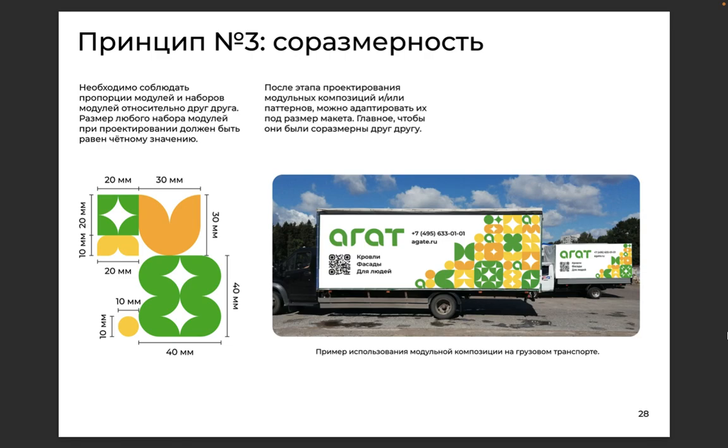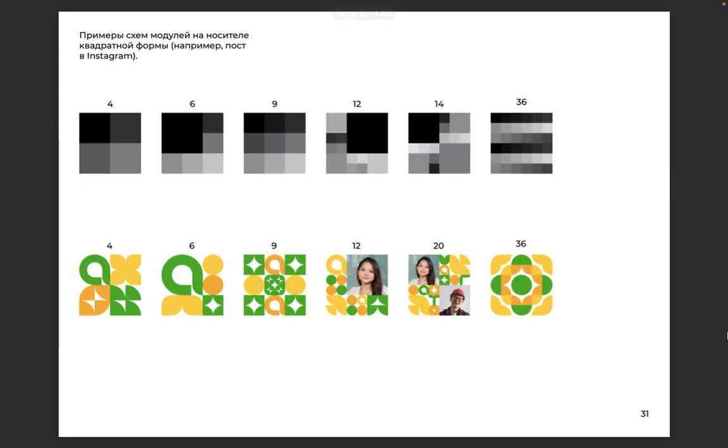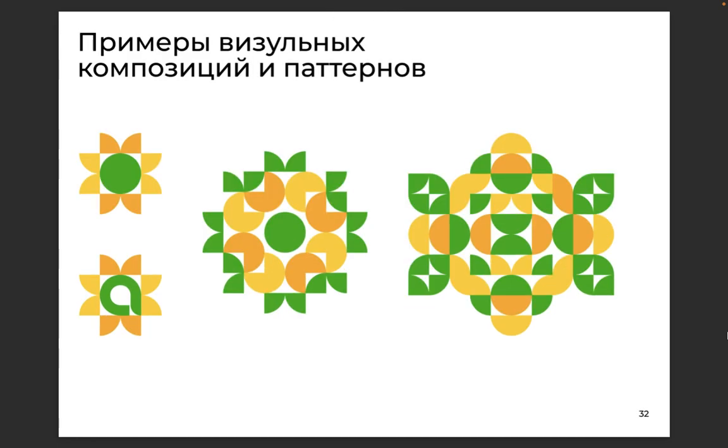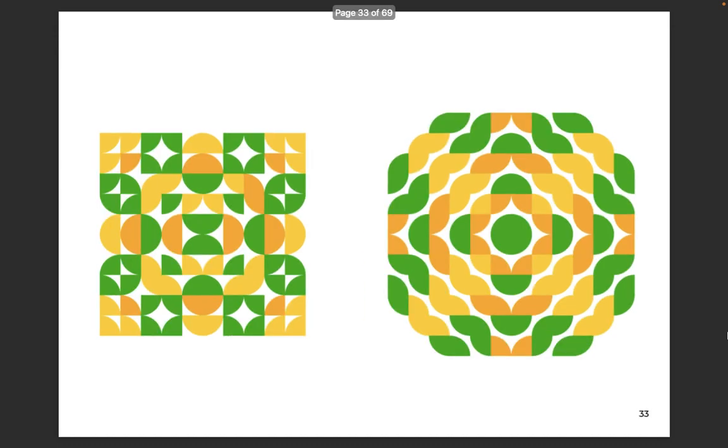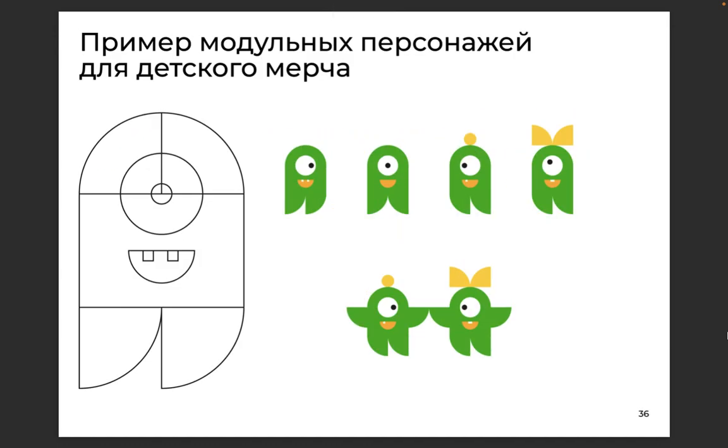I don't know how to translate it. Sorry. So I show different grids and modules, how can you use them, and I show examples of different patterns and compositions, and I also show how to use those modules to design kids stuff.